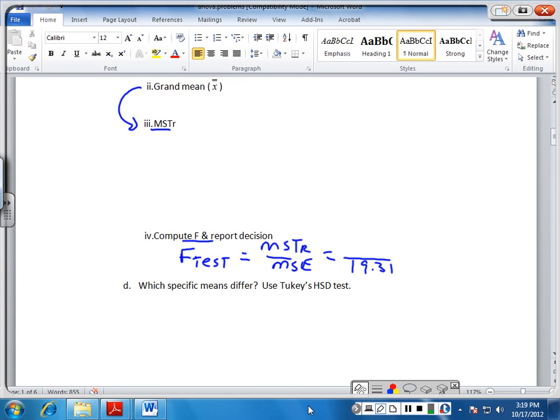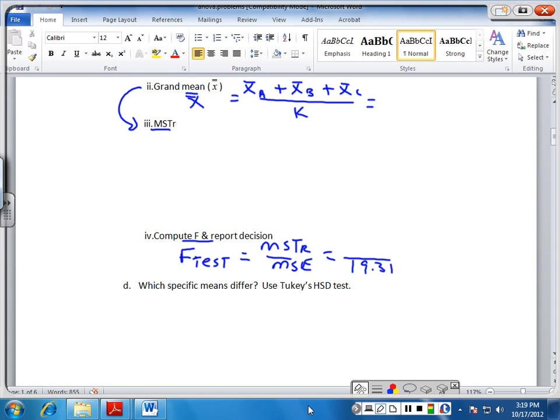The grand mean, you can see it's X bar with another bar on it, the mean of the sample means. It's just what it sounds like. Take X bar A plus X bar B plus X bar C and get the average of them. That's going to be X bar bar, the mean of the sample means.